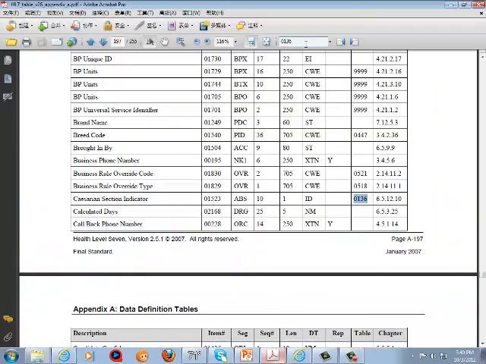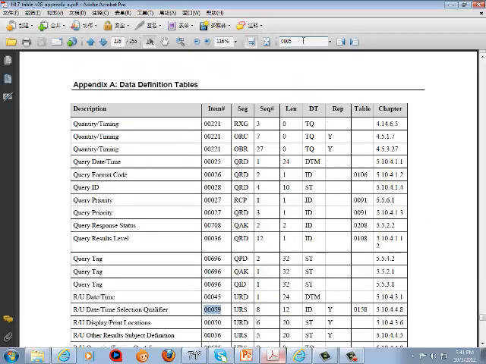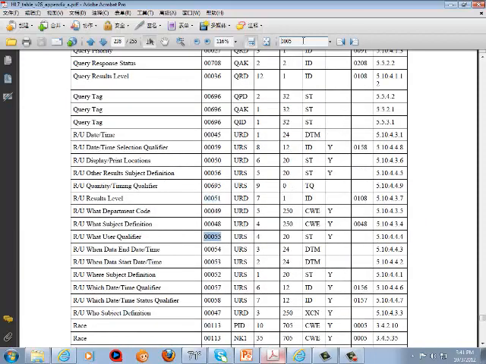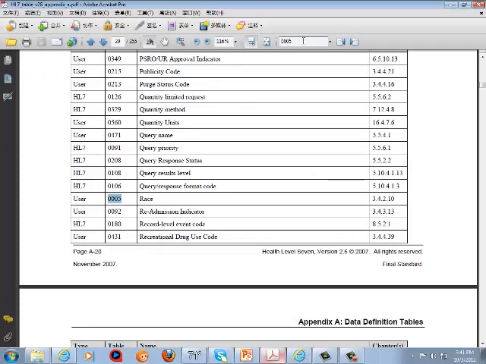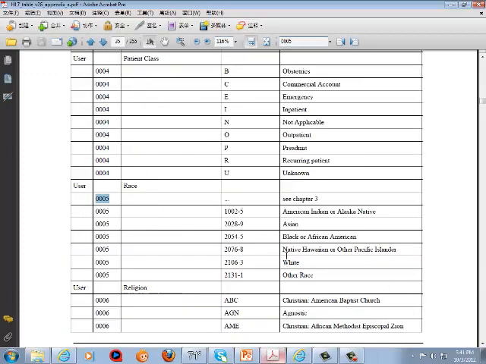For example, we go to PID10. Let's try to find this one. Okay, it's the race here. So see here, the race table is here. That means we have different numbers here. If it's American Indian, there is 1002-5.